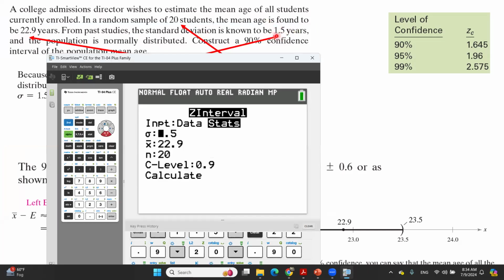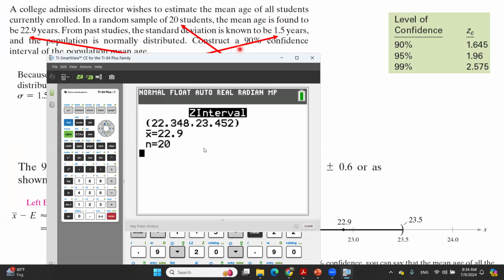Standard deviation, or sigma, is 1.5 years. X bar, the average, is 22.9. N is the number of people in the sample, 20. The confidence level is 90%, because the question says construct a 90% interval. Then go to calculate and hit enter, and you get your confidence interval for the population mean age for these students in the college.